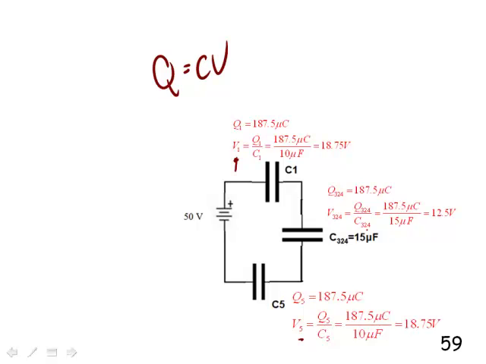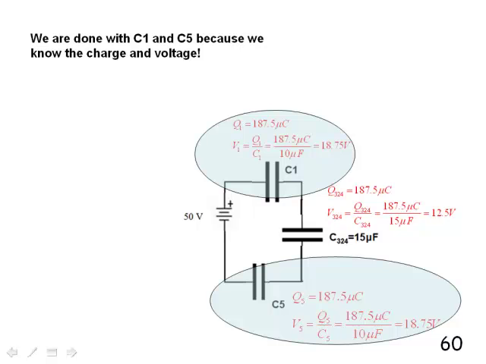So now I've got all three voltages, and we can check to make sure that the sum of those voltages around that loop is equal to 50. And I'll let you do that on your own. So we're still not done because we still have this C324 to deal with, but we are done with C1 and C5 because we have the charge and voltage on each one of those elements.